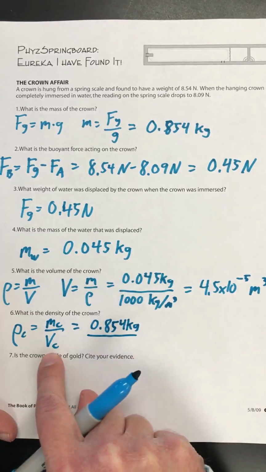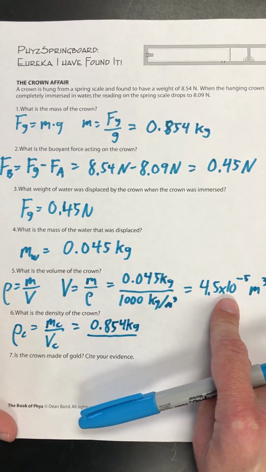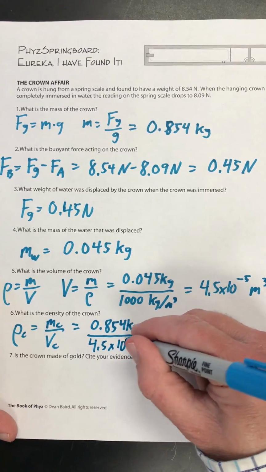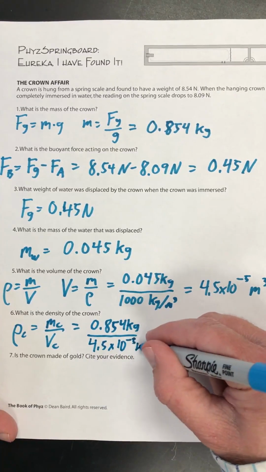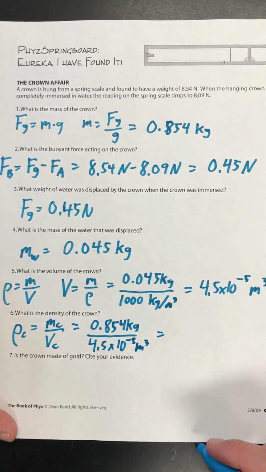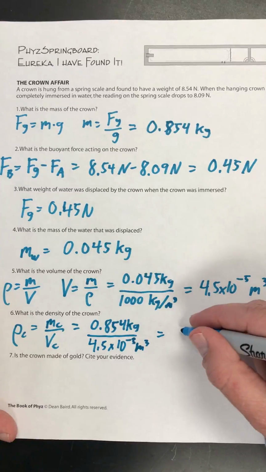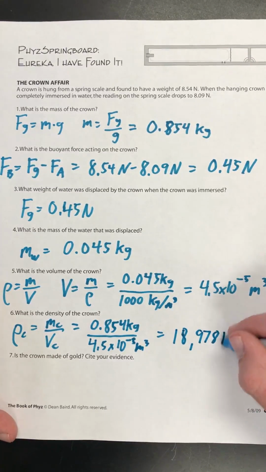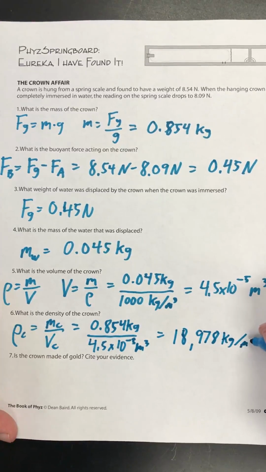The volume of the crown is the same as the volume of the water that we pushed out of the way, so that will be 4.5 times 10 to the negative fifth cubic meters. When you work that out, you'll get a density of about 18,978 kilograms per cubic meter.